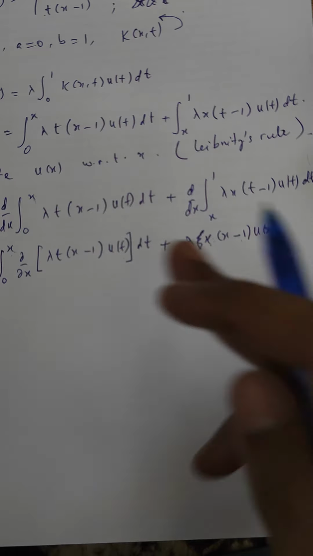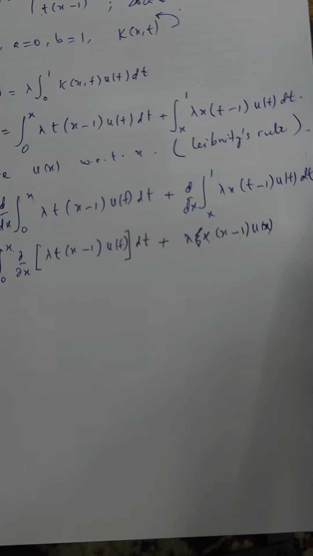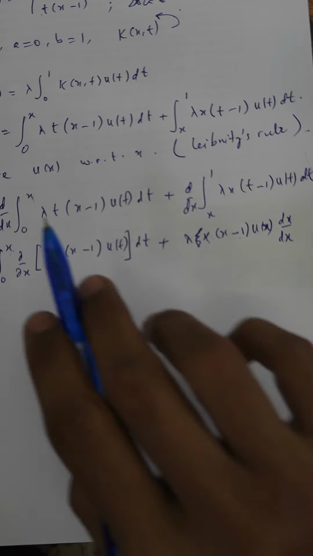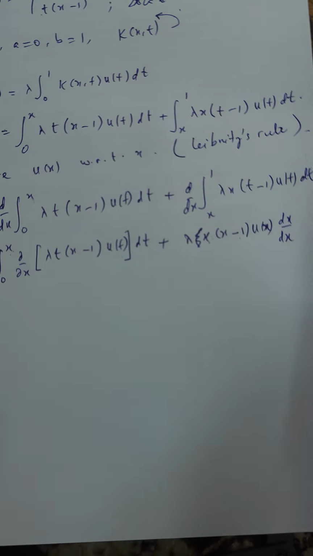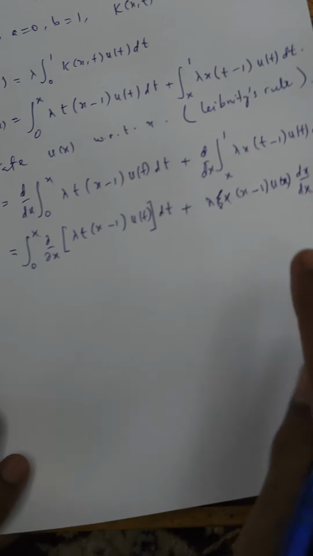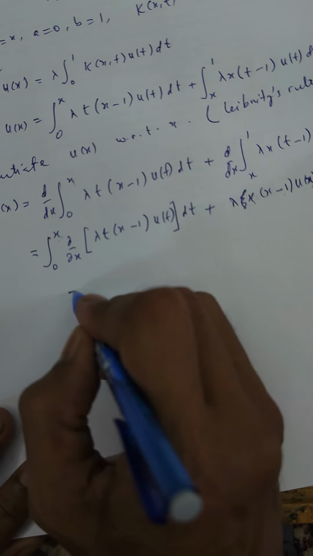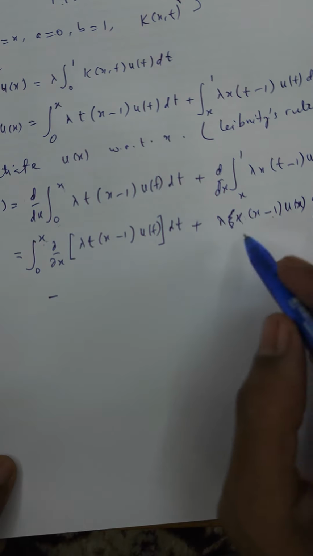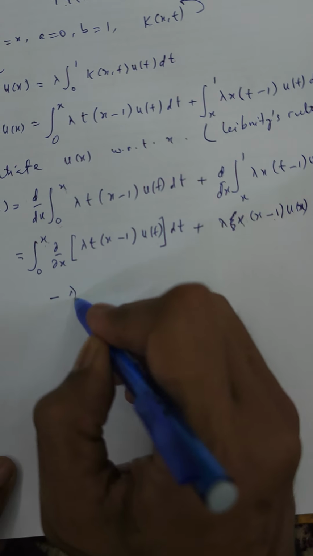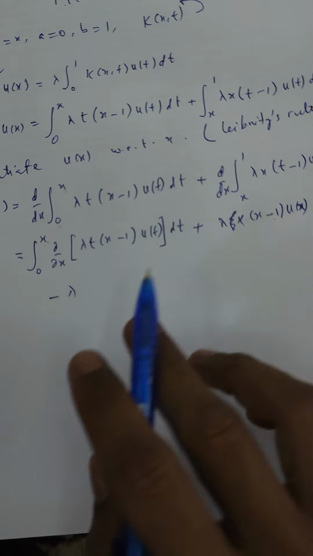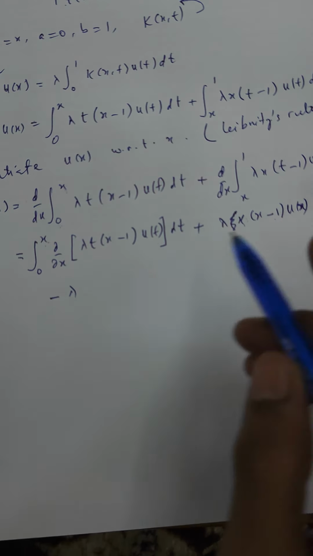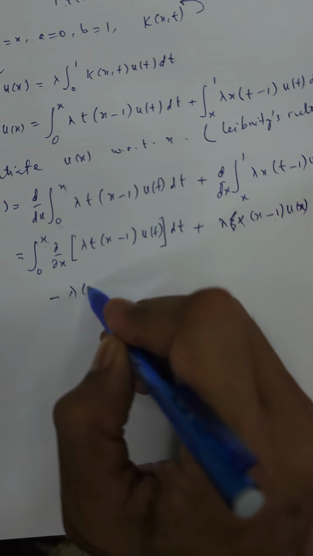Okay, and then we differentiate those limits. So dx/dx, because the limit is x, minus, we do the same for the lower limit, that we have lambda, that should be 0.